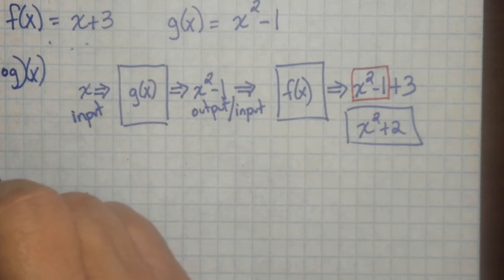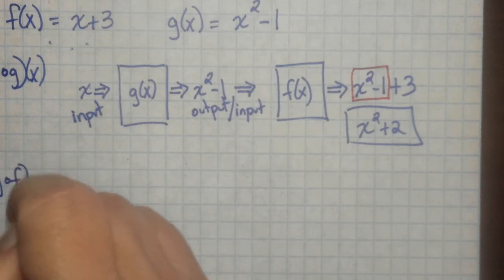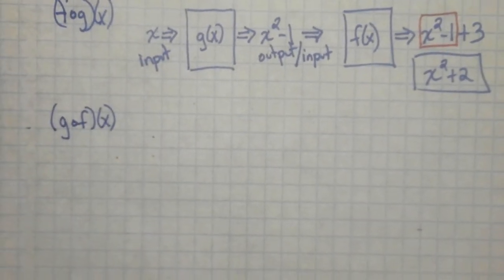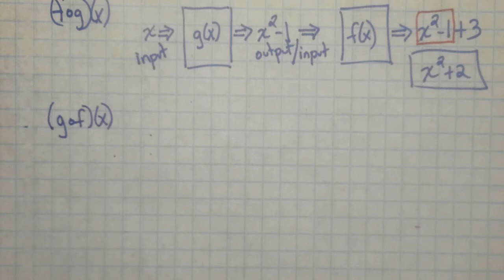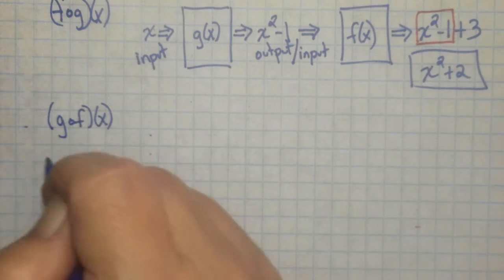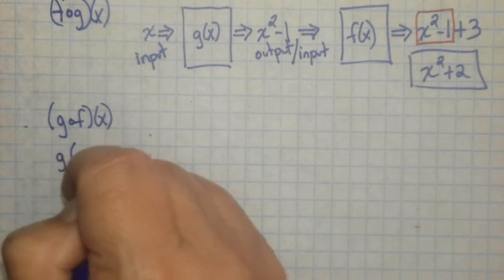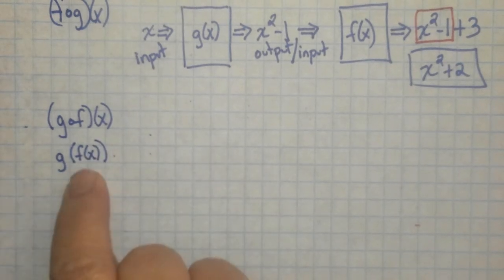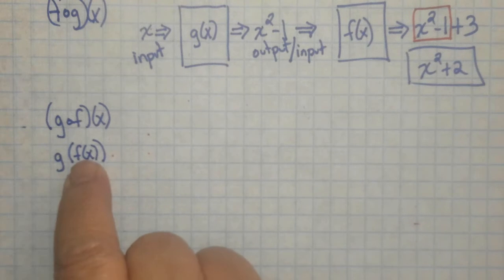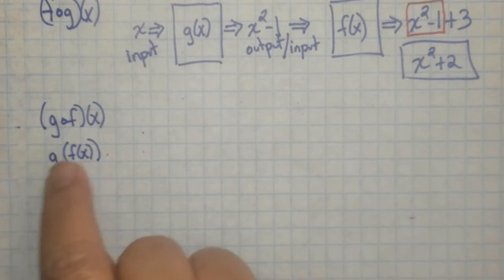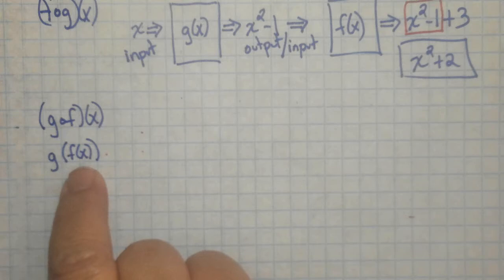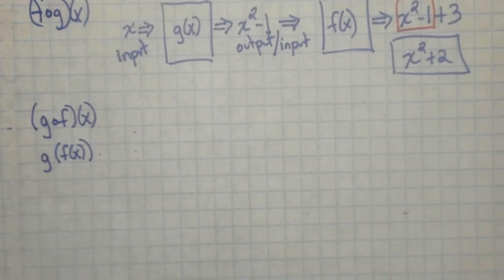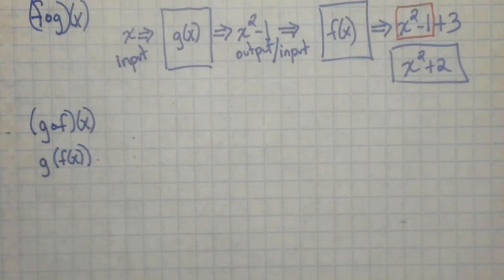So if I have g composed with f of x, and sometimes it helps me to write it in the other notation, g of f of x, because this helps me see, okay, I'm going to put x into f and then I'm going to go to g. So we always work from our inner parentheses out.